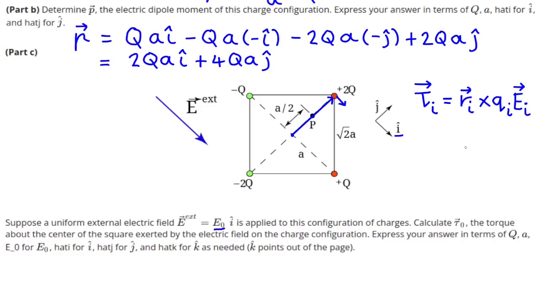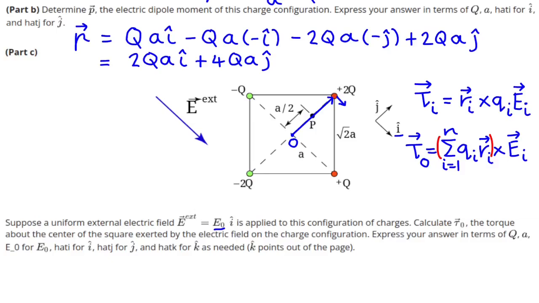And if we sum up these torques due to the forces acting on all the charges, then we get the net torque about our point is the sum of the charge by the position vector cross E. So we sum over all the charges to get the net torque. And if the electric field is uniform, we can take it out of the sum.